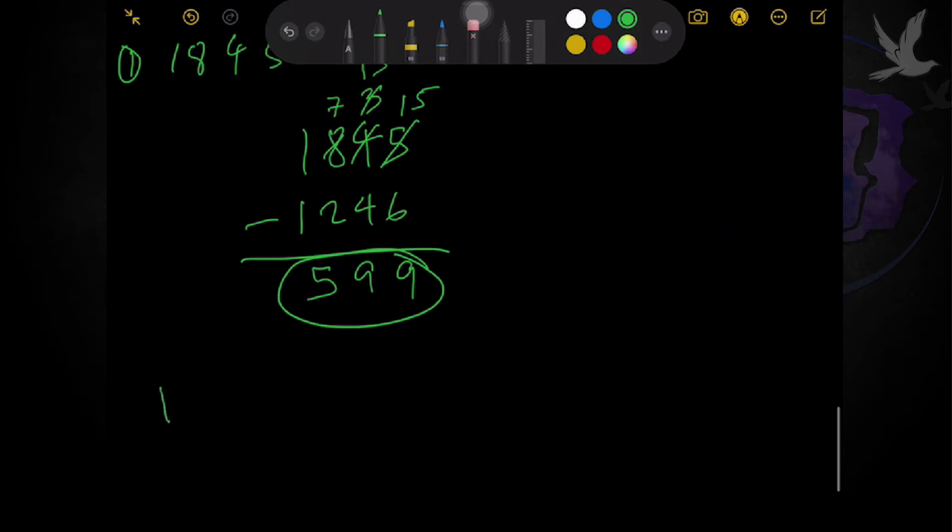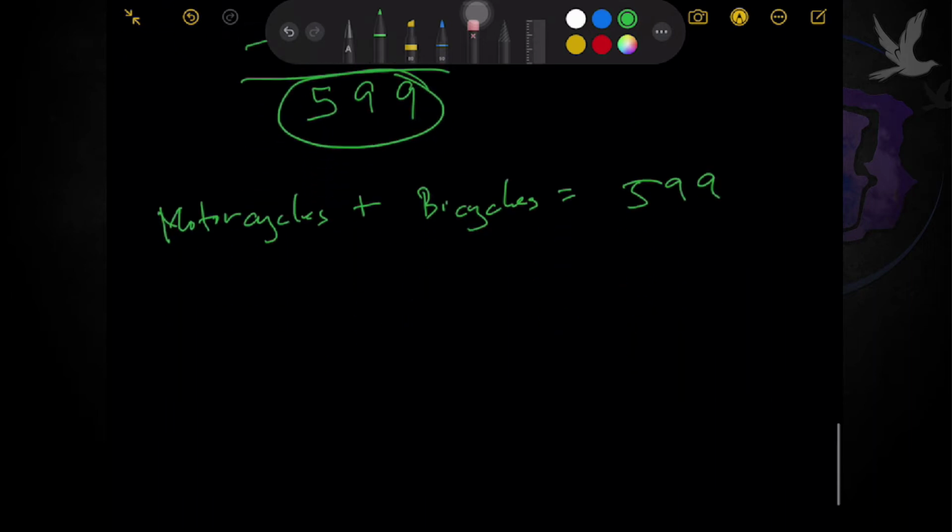Again, motorcycles plus the bicycles, which is 599. And you should know that if you're going to make a graph out of this, I mean a model, it says there that the motorcycles was 569 more than the number of bicycles. So, we have MC and we have bicycle here.